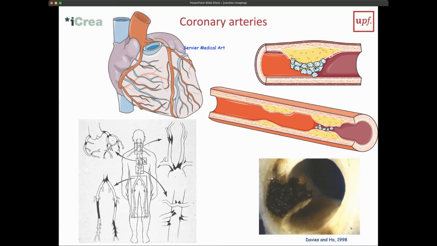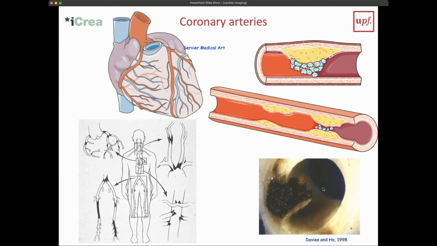So the thin endothelial layer, which is on top of this lipid, ruptures, and all these lipids are released within the blood vessel, which immediately gives an enormous immune response and starts to give clotting and things like that. And so that means that you can actually get a full occlusion of the coronary artery.